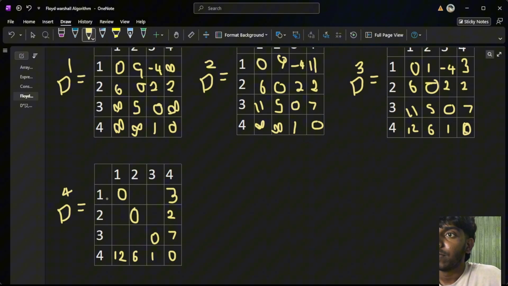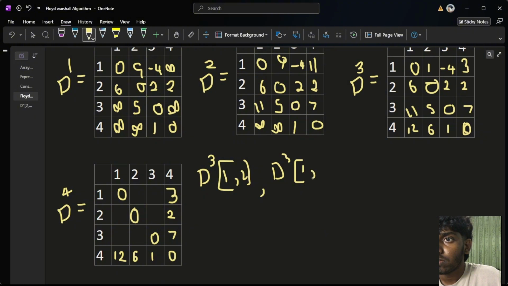And for the 1 to 2, we're going to use D3 for our formula. So we're going to find 1 to 2, and D3, 1 to 4 plus 4 to 2.